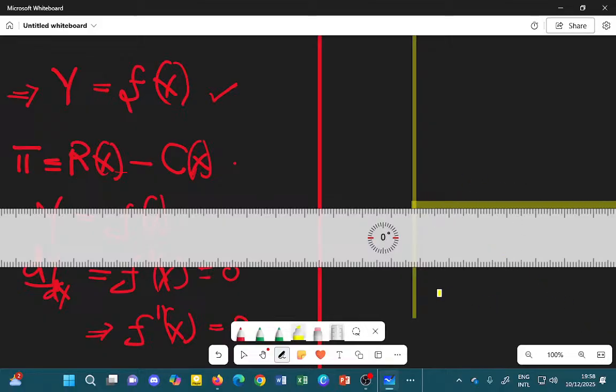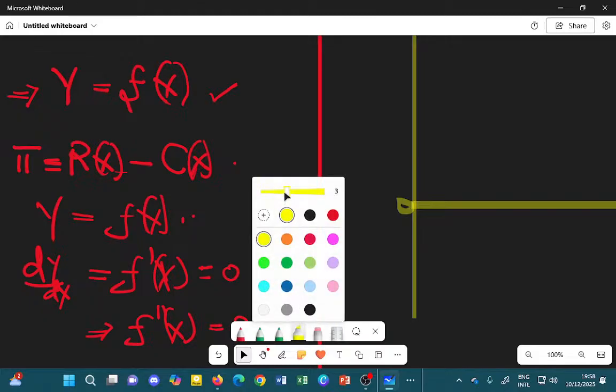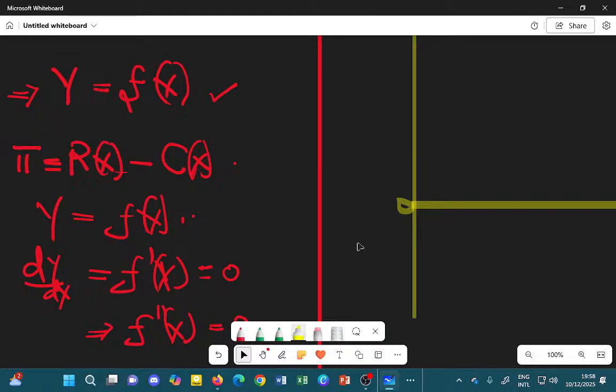This is just an explanation for the purposes of benefiting the student. Otherwise, as you can see, we were not supposed to actually get there. So like here is 0. Let me reduce the thickness. That's so thick. Yeah, that's better.